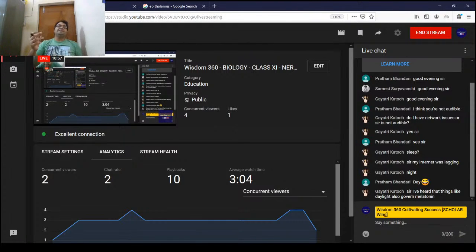So when you learn about circadian rhythm, it's quite different from any other type of biology. Circadian rhythm means we think that only our brain sleeps.